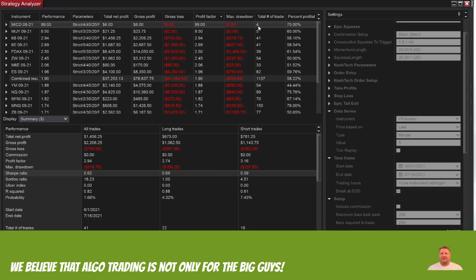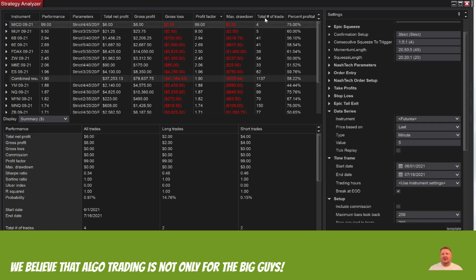It can be 20% profitable if the target's so high that it's overall extremely profitable. But in terms of total number of trades, very important. I like to look for something at least over 20 before I even look further into it.